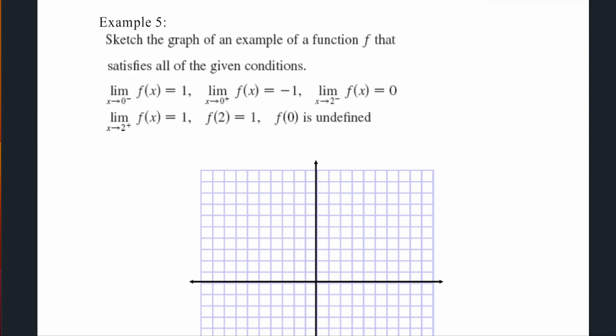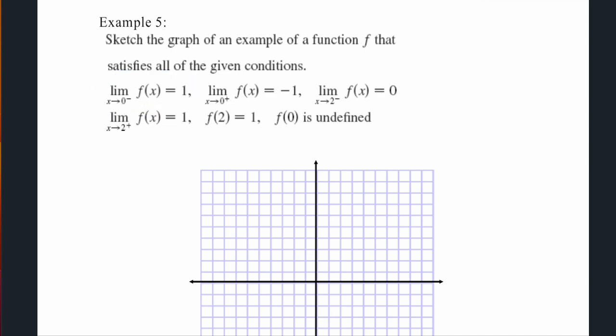Now, what I tend to do for problems like this is I make little teeny portions of the graph and then connect it to make it look more like a graph when I'm all done. You'll see what I mean in a minute. So the first thing says, as I approach 0 from the left, I have to be going to 1. As I approach 0 from the left, I better be going to a height of 1.